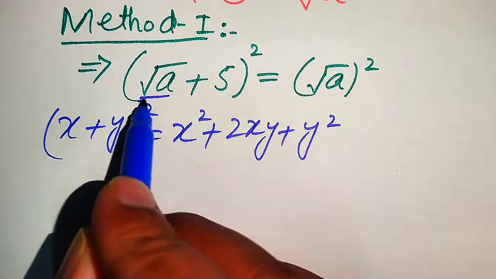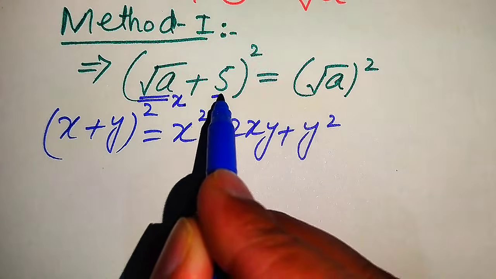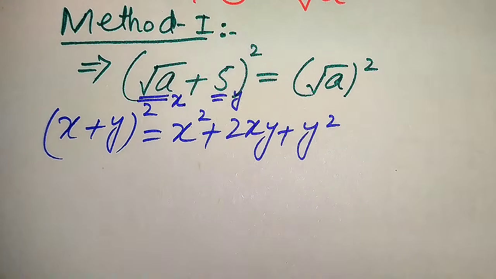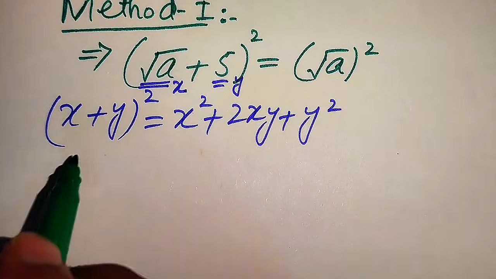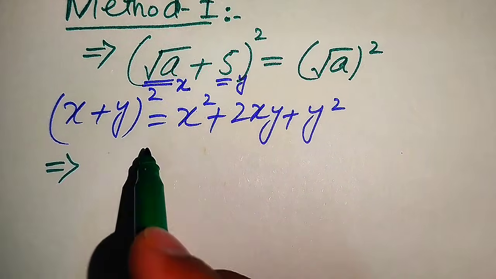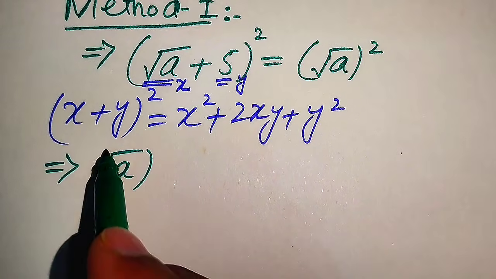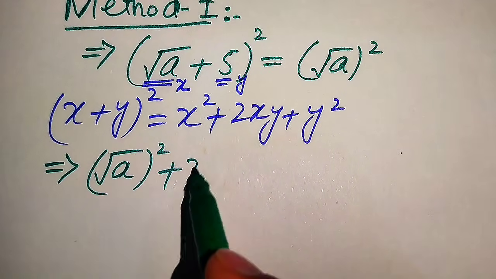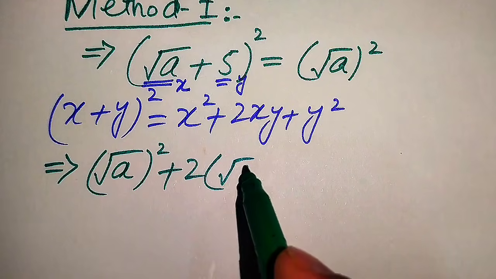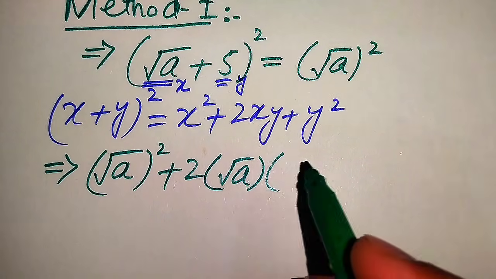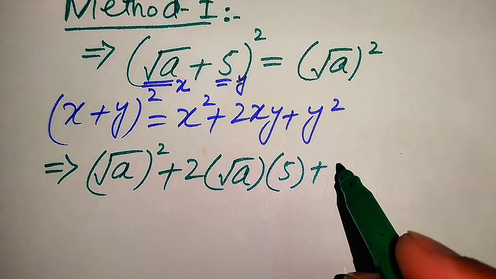You see here, this is our x and this value is our y. So after applying this formula, we write our above equation as first we have x square. Here our x is square root of a and its whole square, plus 2 times x is square root of a and y is 5, plus y square.